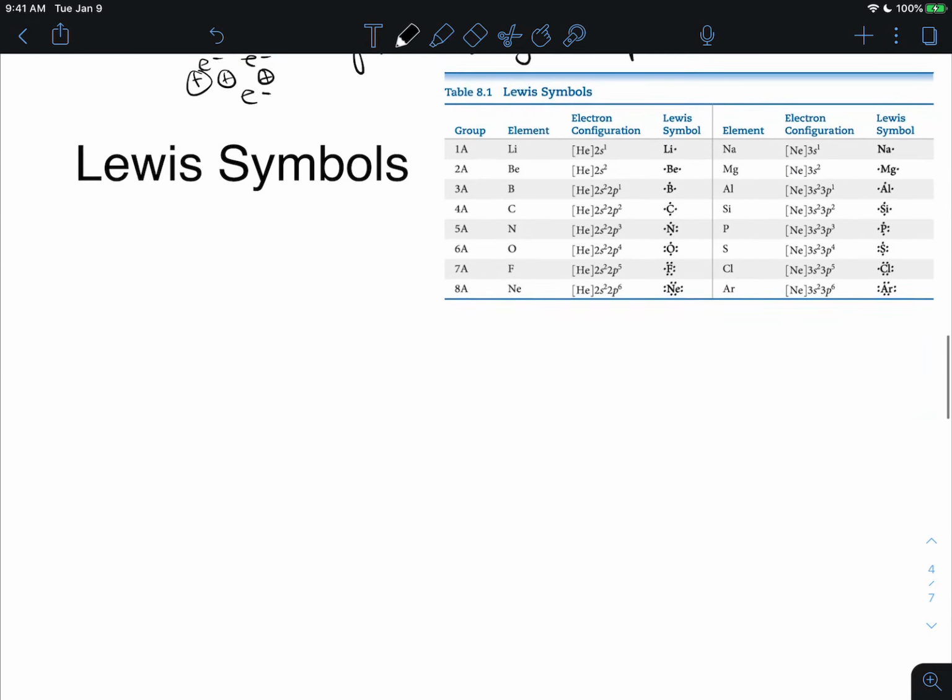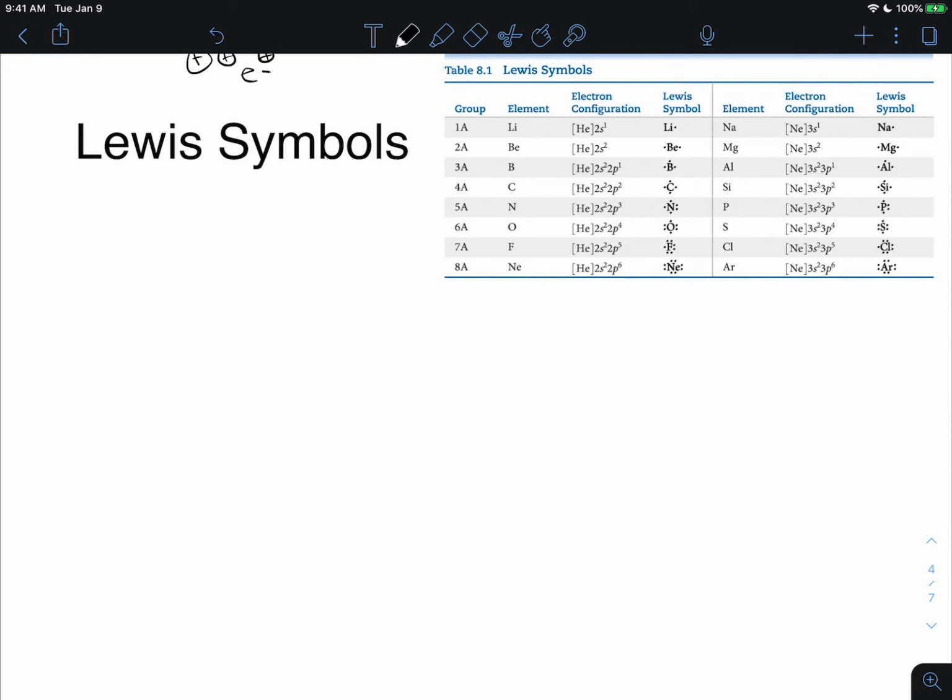Okay. So we can use Lewis symbols to show these valence electrons that an atom or ion has.